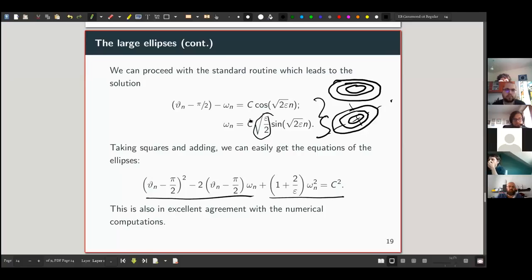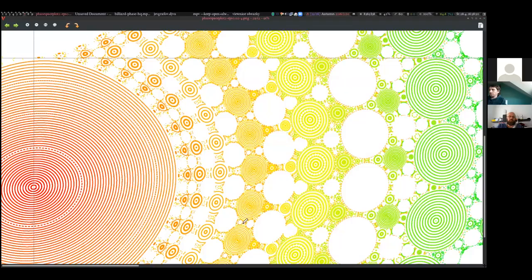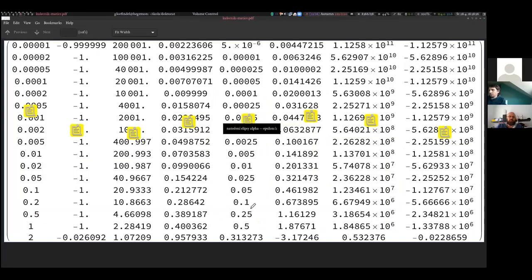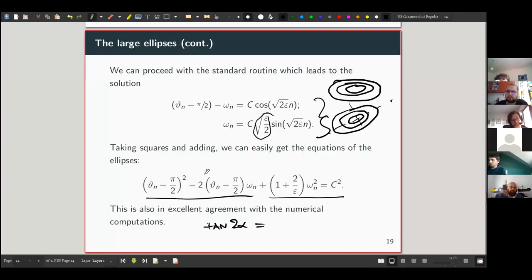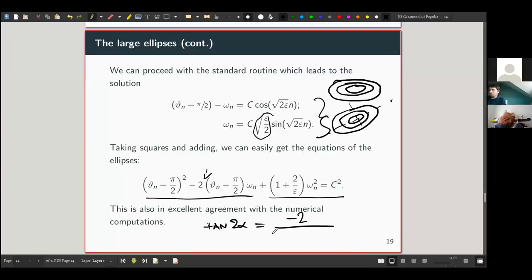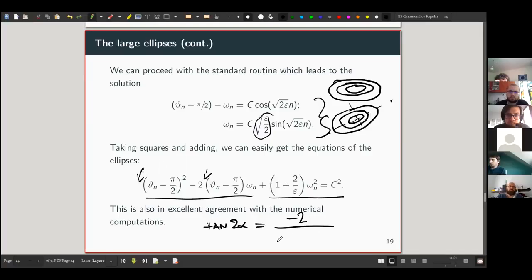It just gives half of that epsilon, and if we calculated it, we would get something like tangent of 2 times that angle is equal, and now I think it's this coefficient, which is -2, over this coefficient, which is 1, minus this one. So here you can see that those ones cancel, and those 2's and minuses cancel as well.